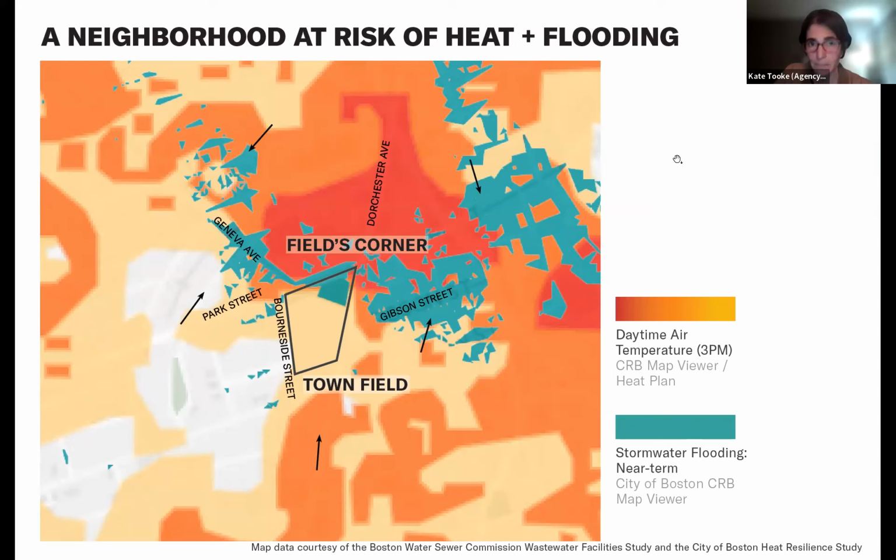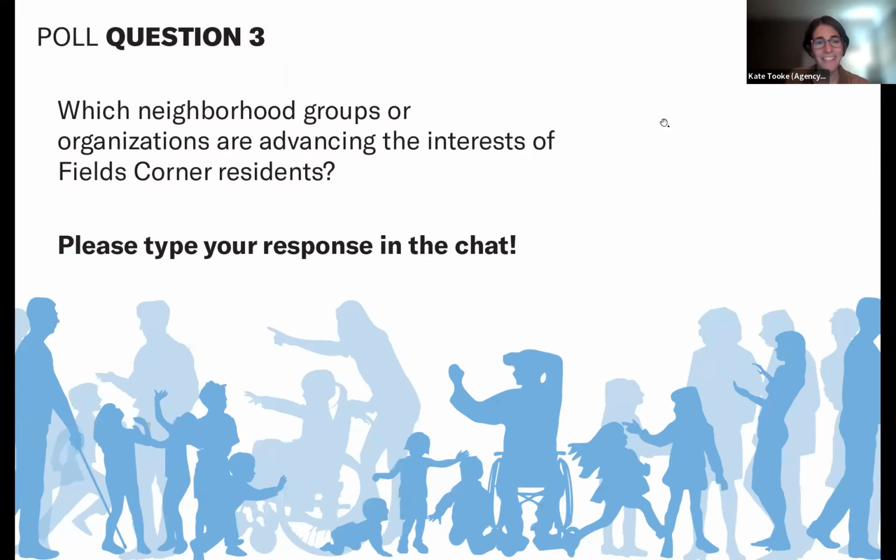So our next question for you is really to just ask, which neighborhood groups or organizations that are representing cultural values and history and other aspects of the Fields Corner culture do you think are most advancing the needs and interests of Fields Corner residents? So you can feel free to drop your answer in the chat and I will take a look at that.